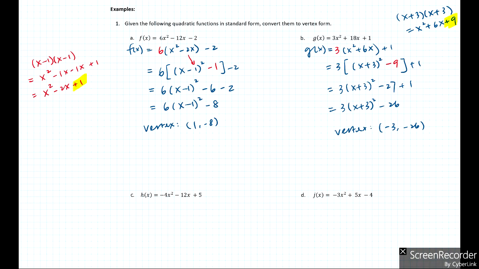So we always take the opposite sign. When we had x minus 1 earlier, x equals 1 is going to be the x-coordinate. And similarly, if we have x plus 3, negative 3 is going to be the x-coordinate of the vertex. And that's how we complete the square with a leading coefficient that's not equal to 1.